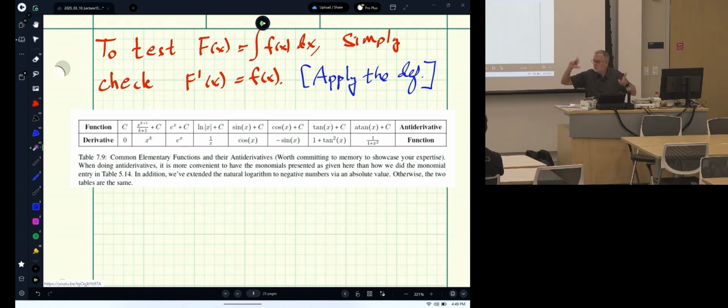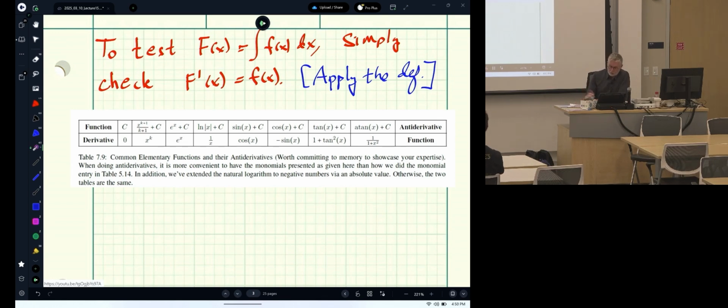So those things are dual. Function and derivative is the same thing as having function on the bottom and antiderivative on the top. So who's the function and who's the derivative or the antiderivative? It's your call. And we'll check a few of these. Sine to cosine, cosine to minus sine, tangent to 1 plus tangent squared. Tangent to 1 plus tangent squared is applying the quotient rule to sine of x over cosine of x.